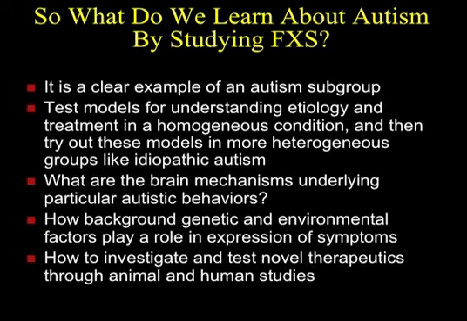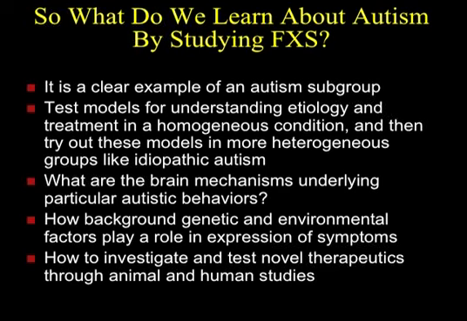Because we have identified this subgroup, we can test models for understanding the etiology and treatment in a more homogeneous condition like Fragile X, and then once we know what those models are, we can test them in more heterogeneous groups like idiopathic autism. We can study the brain mechanisms underlying particular autistic behaviors within Fragile X and then see if they also play out in regular autism.